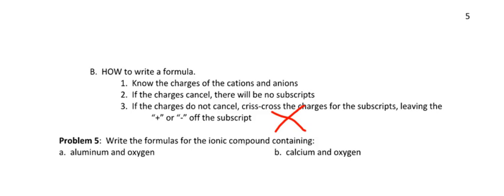So on your periodic table, find aluminum. What is its charge? Look it up. Did you get a +3? What is the charge of oxygen? Did you get a -2? Do the charges cancel out? No. So what are you going to have to do?